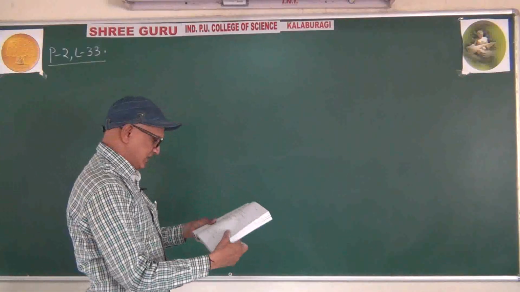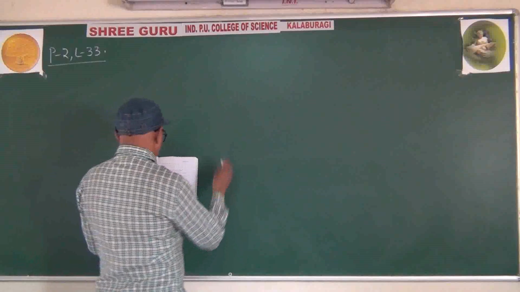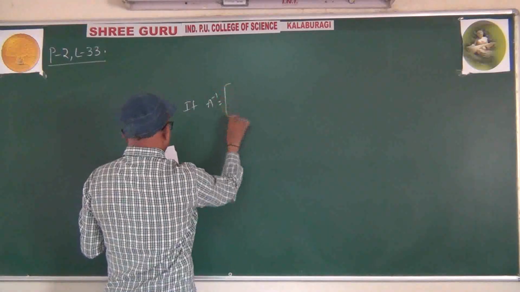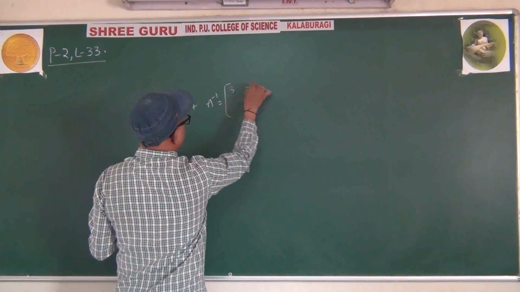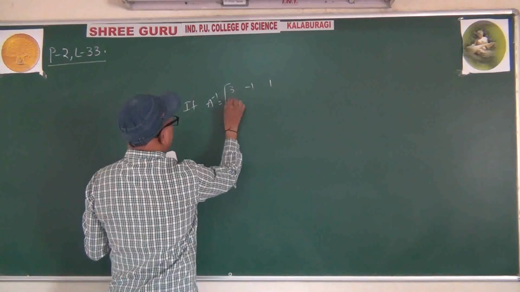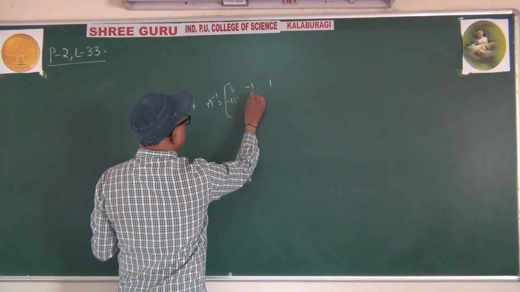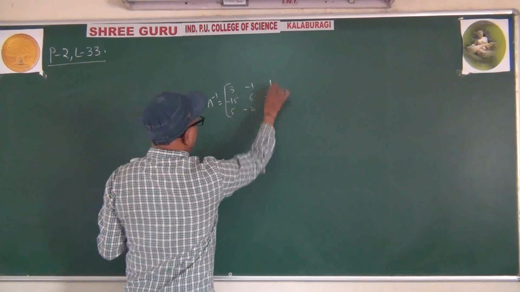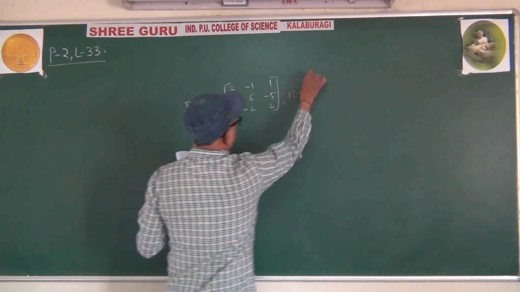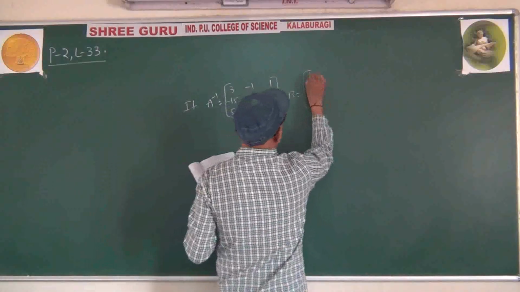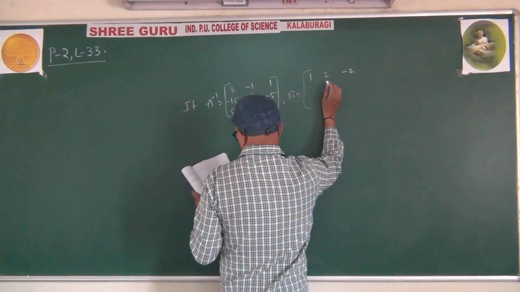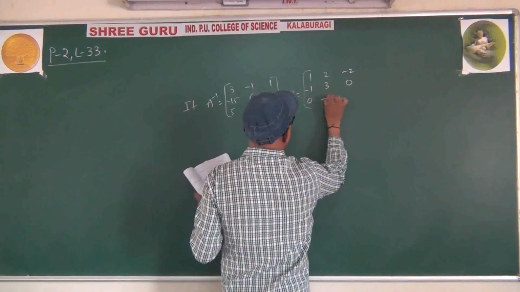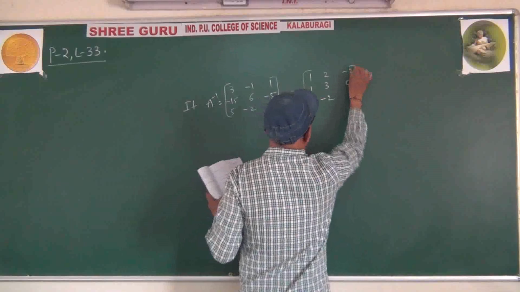The question is, if A inverse equals to 3 minus 1 1, minus 15 6 minus 5, 5 minus 2 2, B equal to 1 2 minus 2, minus 1 3 0, 0 minus 2 1.